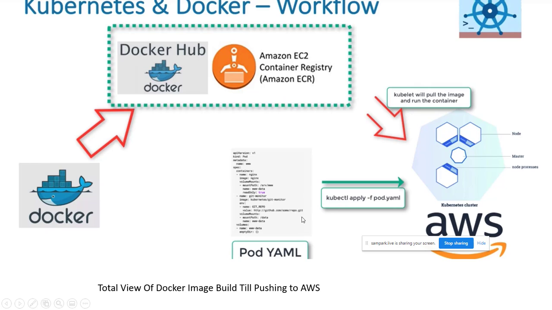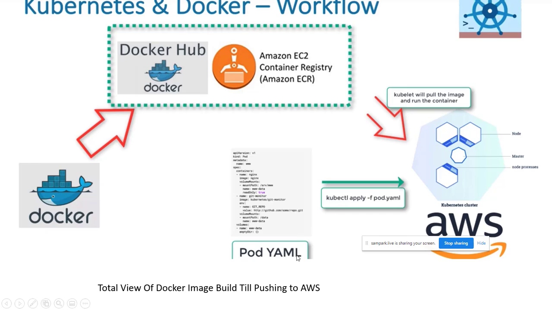If you want more nodes to spin up whenever there is high traffic, you just mention the number of replicas you want. Kubernetes will automatically spin up that many replicas, and if it feels this one node is not sufficient, it will automatically spin up another node. We don't have to worry about that; Kubernetes will take care of all those parts.